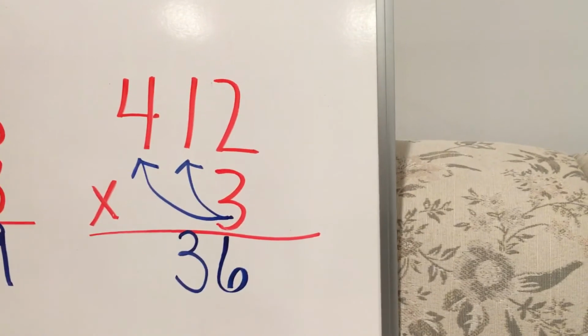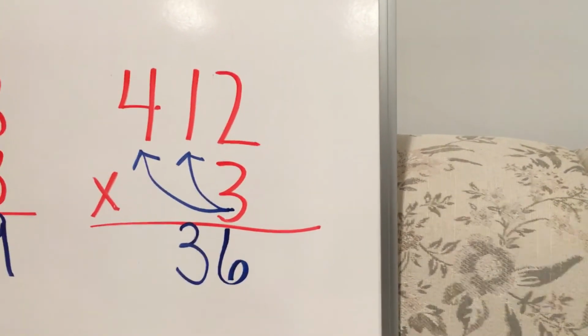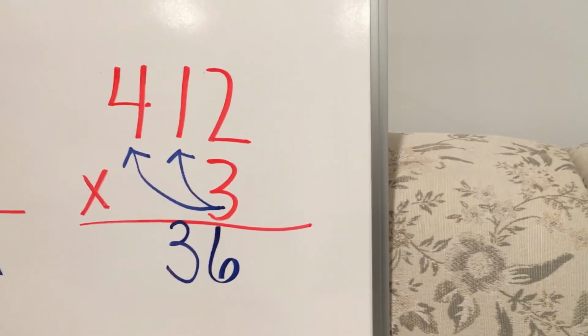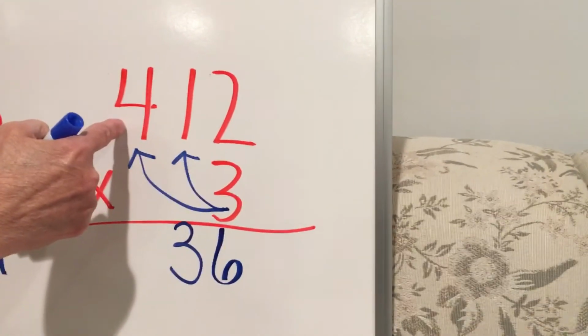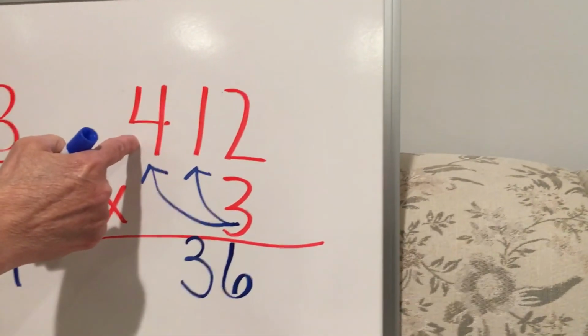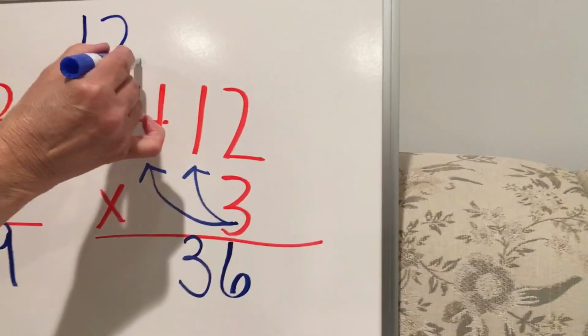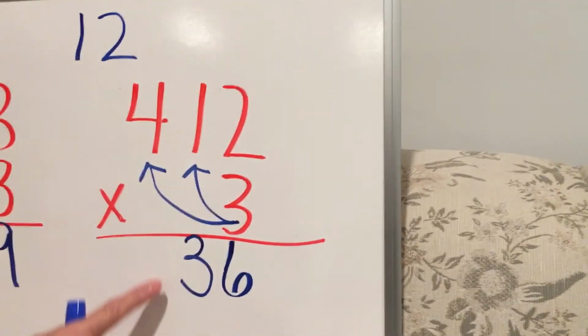3 times 4. That means 4 plus 4 plus 4. 4 plus 4 plus 4 equals 12. So 3 times 4 equals 12. But wait a minute. The number 12 is a two-digit number. It looks like this. And I can only put one digit under the 4.